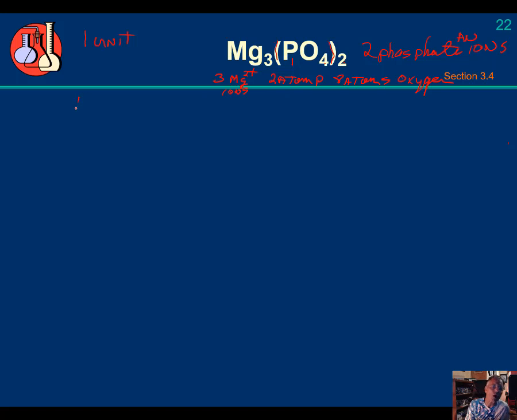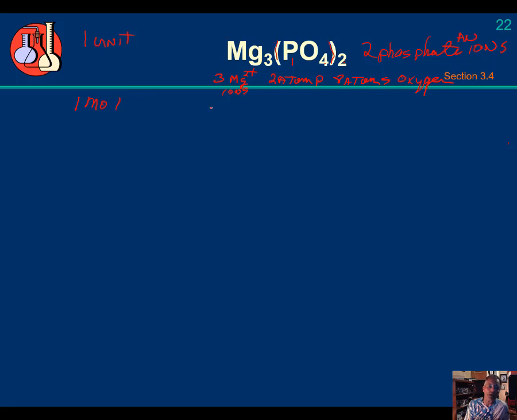Let's go to 1 mole of magnesium phosphate. All these ratios are the same. We're simply going to change our unit to moles.